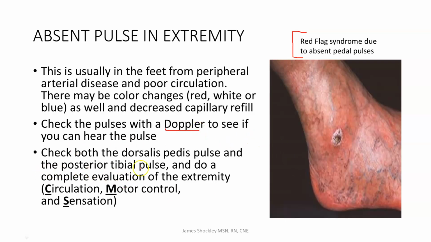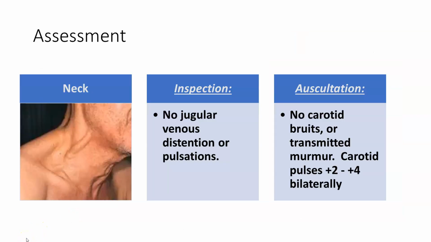All right, so when we're looking at those things, just to sum it up, we're looking at circulation, motor control, and sensation. We want to look and make sure that there's no JVD or pulsations. You generally have to be sitting them up at least at a 45-degree angle to see any kind of JVD. You want to auscultate for no carotid bruits.